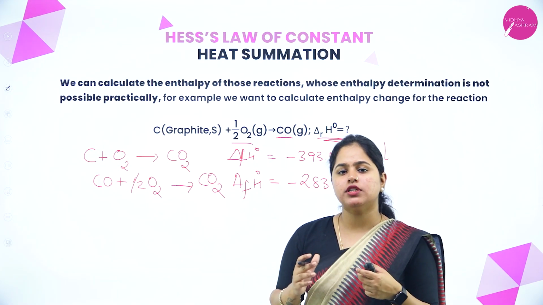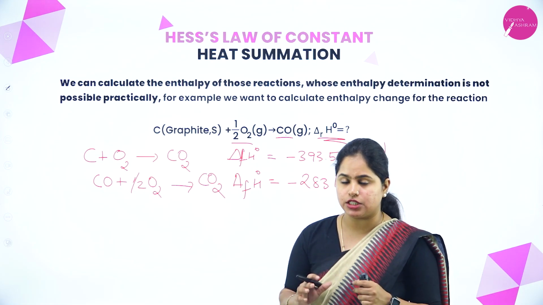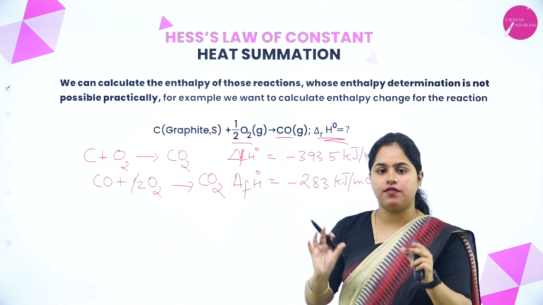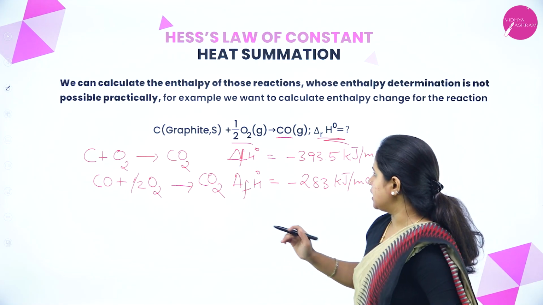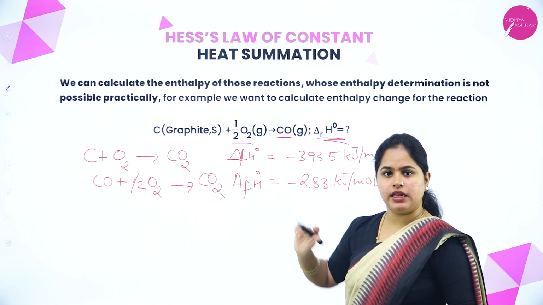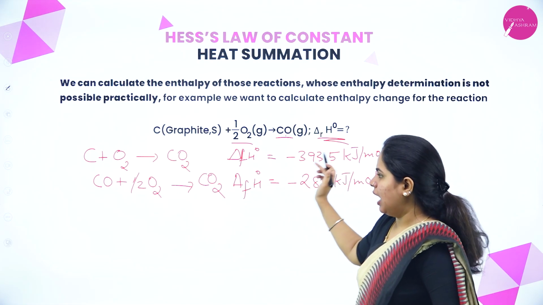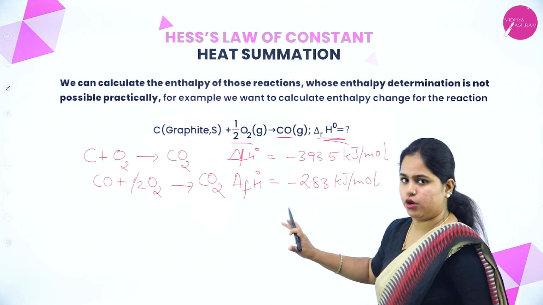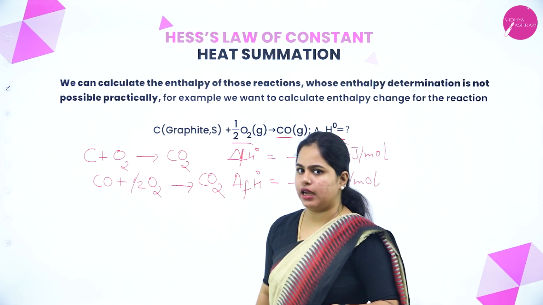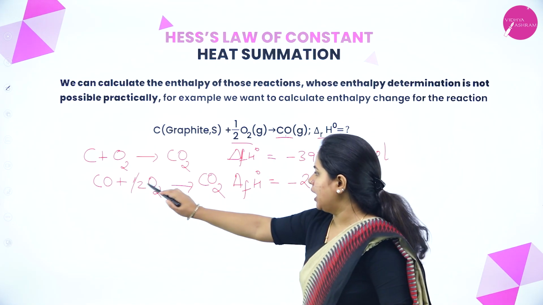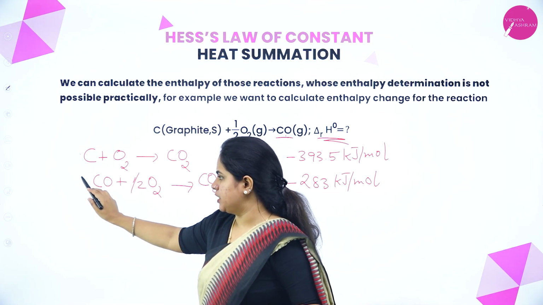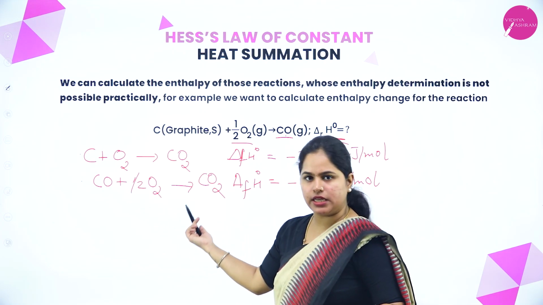So what we have to do is rearrange the equation in such a way that we obtain the products and the reactants in the way we want. We have carbon monoxide on the product side here, and in the two reactions whose enthalpy we already know, the carbon monoxide is on the reactant side. So I can reverse this particular reaction. If this is my first reaction and this is my second reaction, I reverse this second reaction.